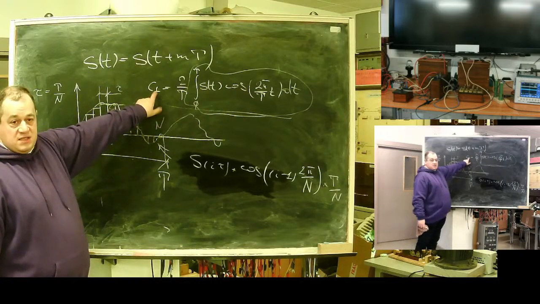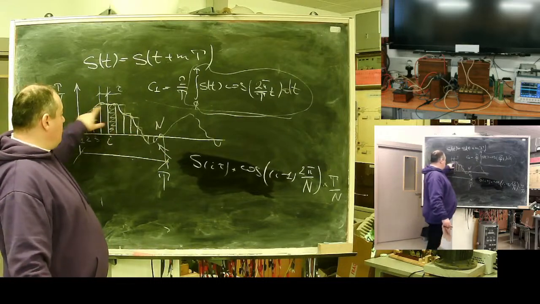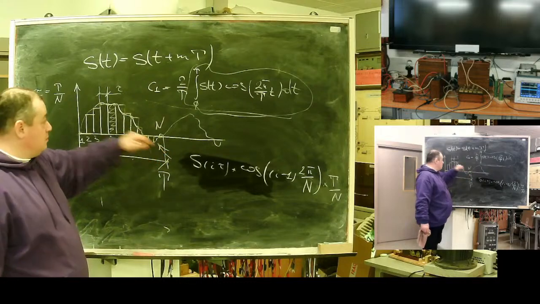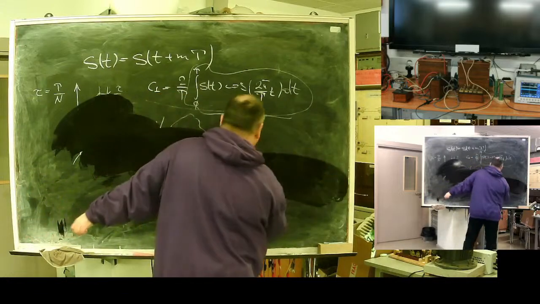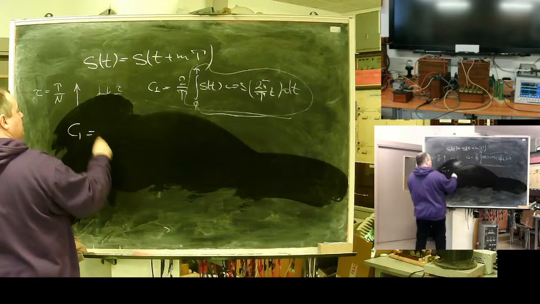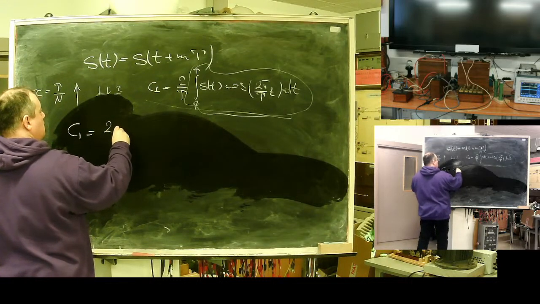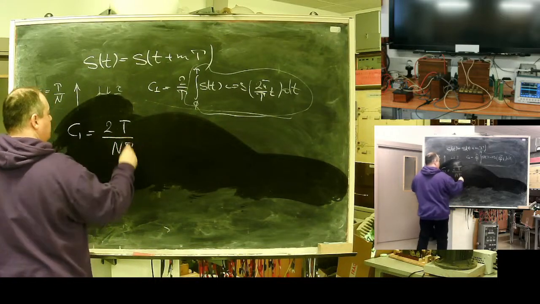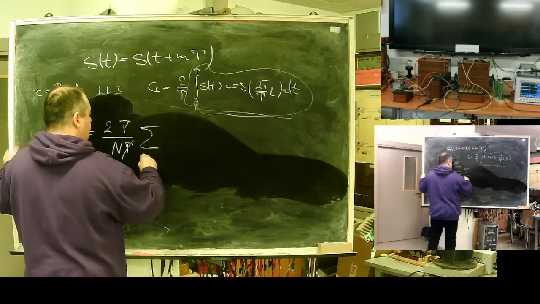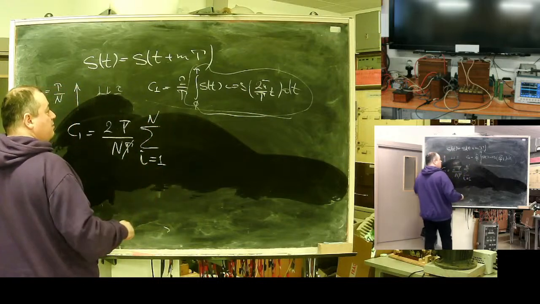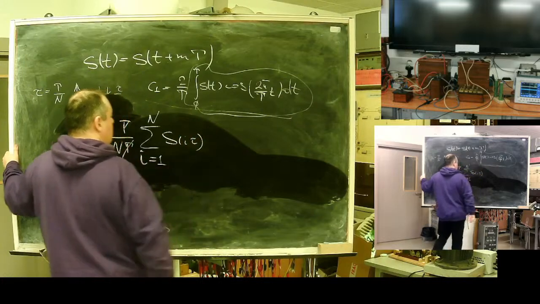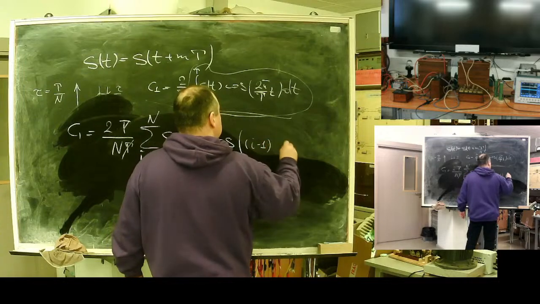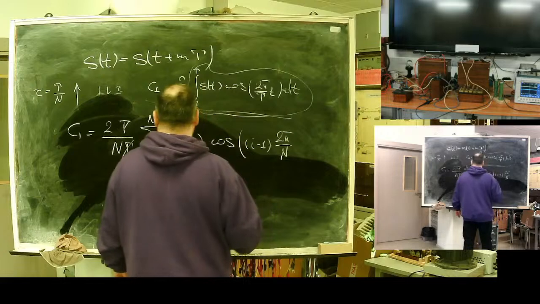So, I can rewrite this C1 as, if I count all these nice rectangles together, I will get the area: sum where i changes from 1 to the number of measurements, signal value at the point i tau, cosine of (i minus 1) times 2π divided by the number of measurements.